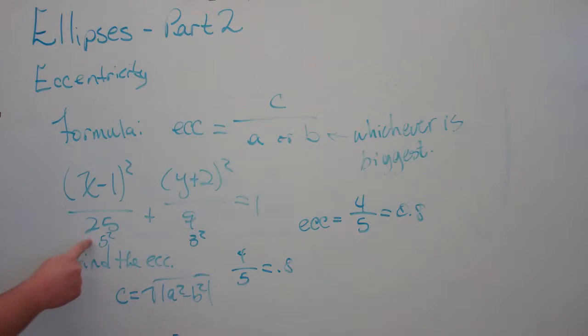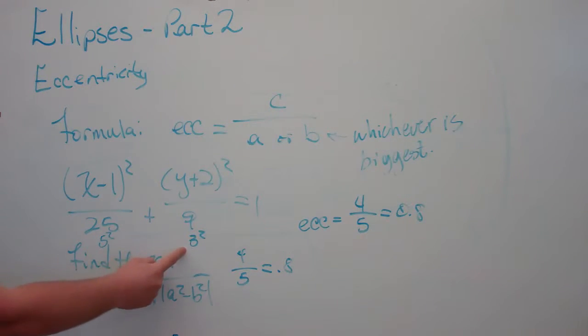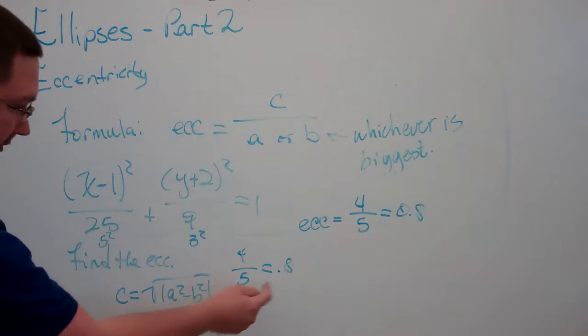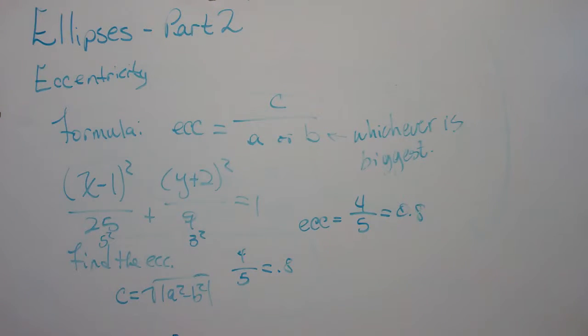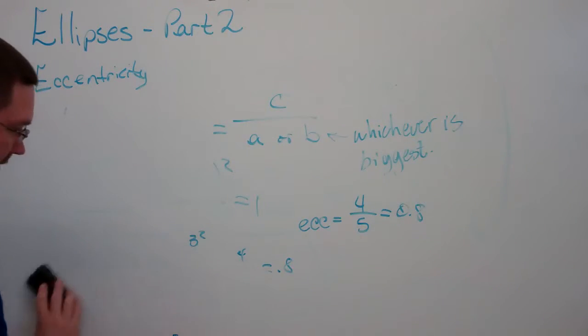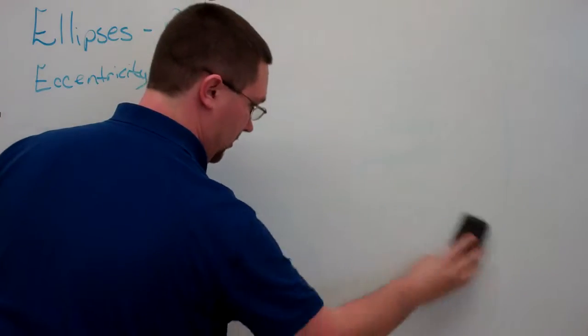And remember, if this is not written in the form of a number squared, you need to take the square root of this first. So A is 5, B is 3, A is bigger, 4/5 or 0.8 is your eccentricity.